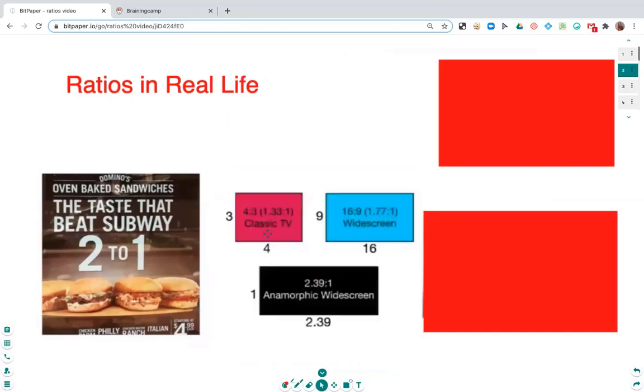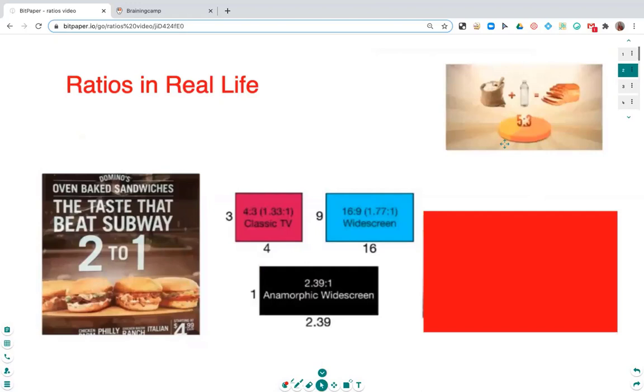Another example is with TVs. The screens' aspect ratio, as we call it, is a ratio. These show you some of the different ratios based on your TV screen size. Baking or cooking, we use ratios all the time. What's the ratio of dry ingredients to wet ingredients? The ratio of eggs to flour.